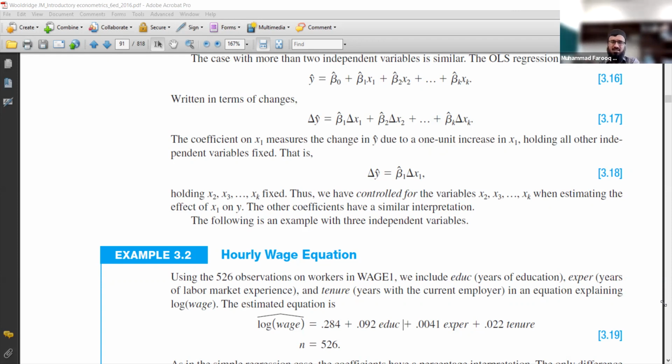So that's how log variables are treated. We'll talk about that in more detail in a later class. For now, let's just interpret in terms of log wage.